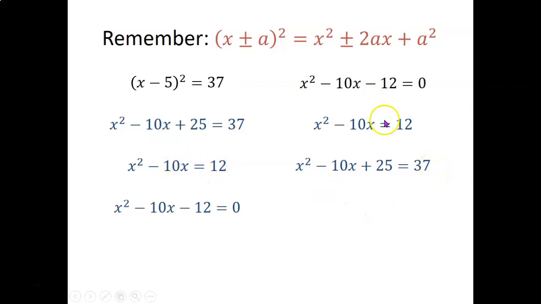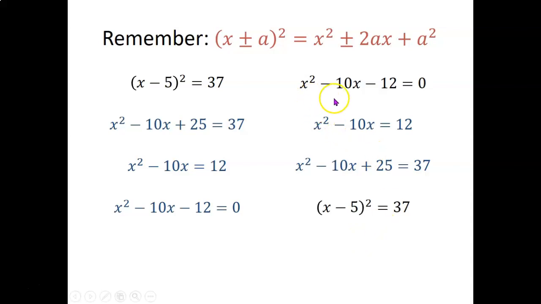And the reason we might want to do that, add 25, is because that makes this a perfect square. This is something just squared. Specifically, it's x minus 5 squared. And that's equal to 37. And now we can go ahead and solve that for x by taking square roots.